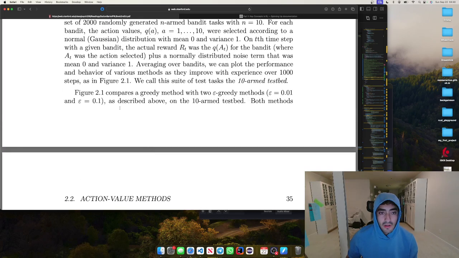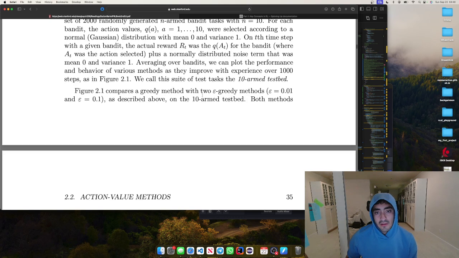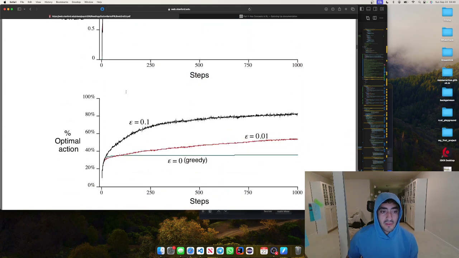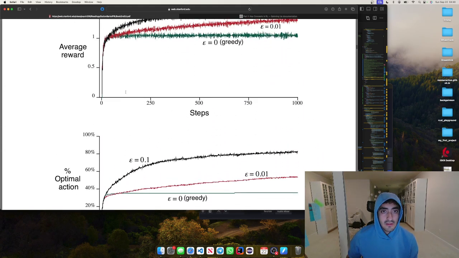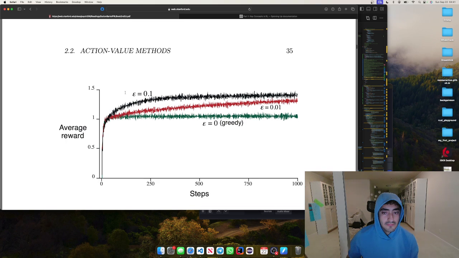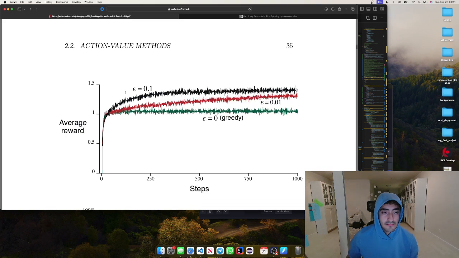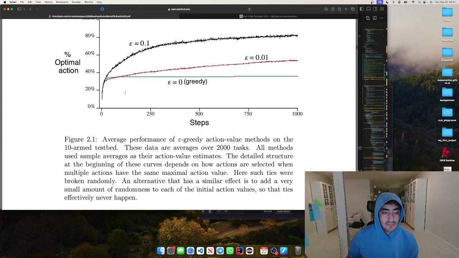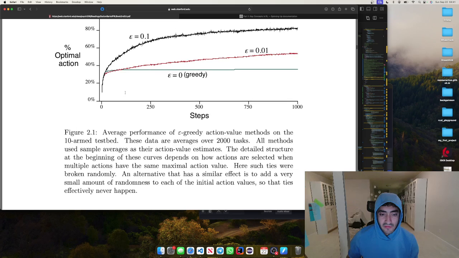Figure 2.1 compares the greedy method with two epsilon-greedy methods, epsilon equals 0.01 and epsilon equals 0.1, as described above, on the 10-armed testbed. Average performance of epsilon-greedy action value methods on the 10-armed testbed.